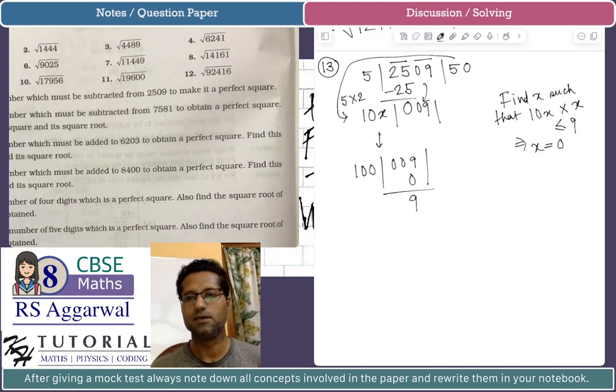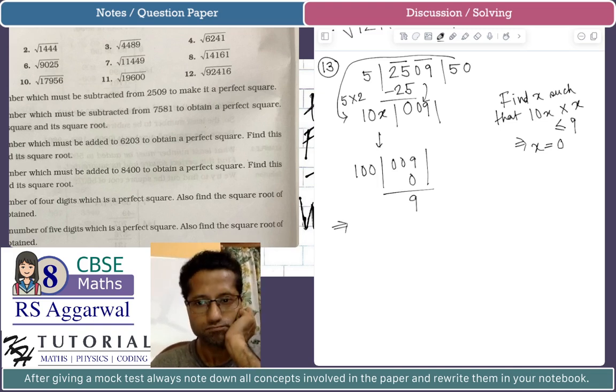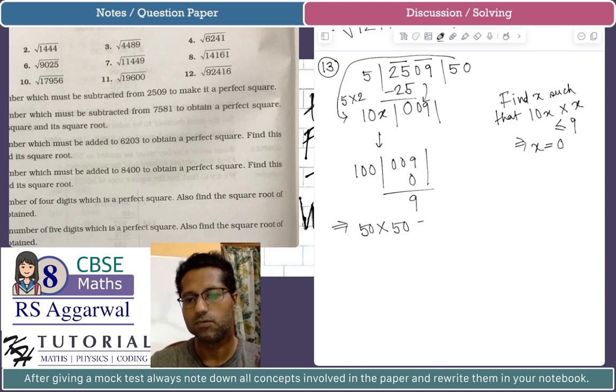Now we can clearly see from this long division method that 50 multiplied by 50 is equal to 2500, and also that the remainder is 9.